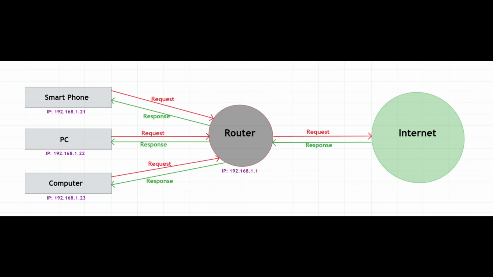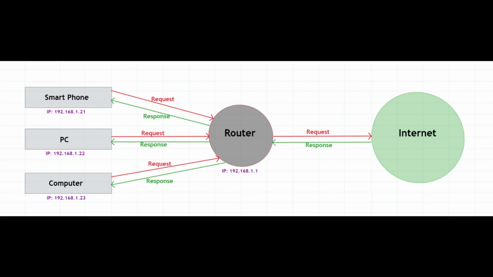The IP addresses of routers are usually 192.168.1.1 or 192.168.0.1. Notice that the IP address of the router ends with a 1. This is necessary to identify what the first device is.